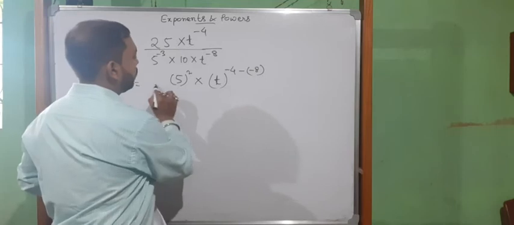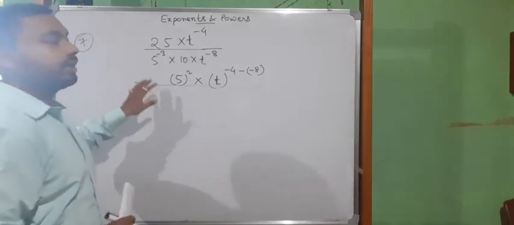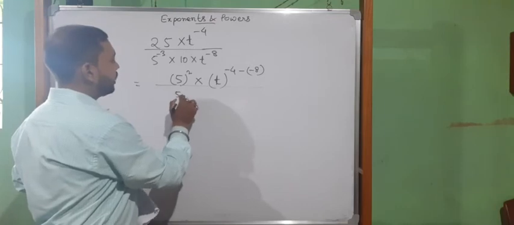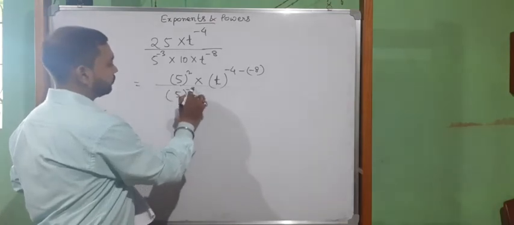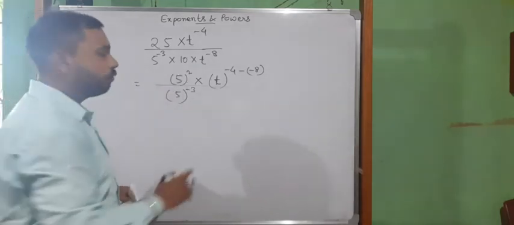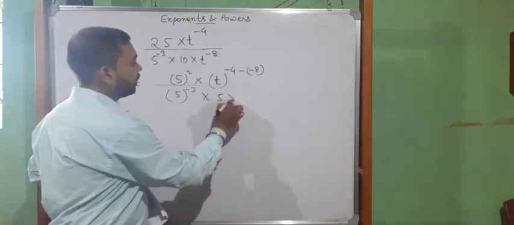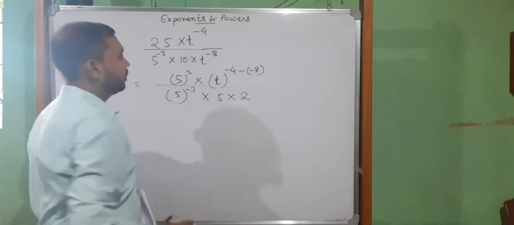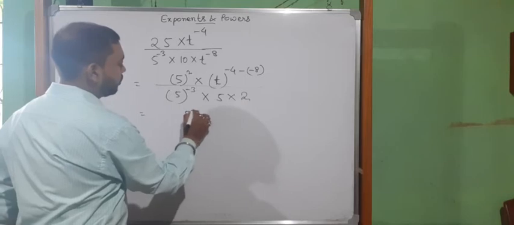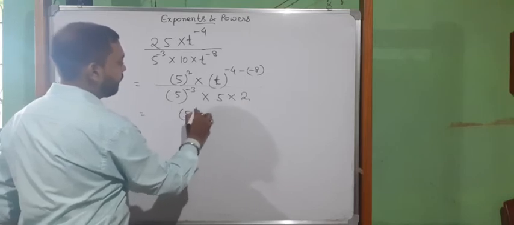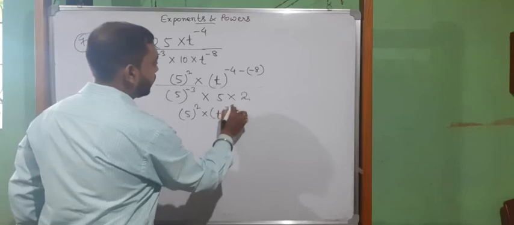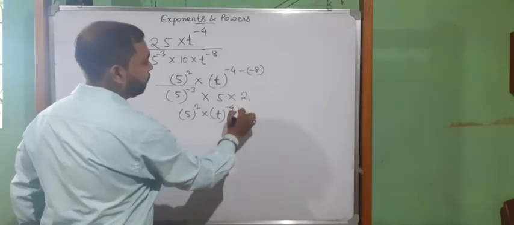Now again in the denominator there is 5 to the power minus 3, and 10 we can write as 5 into 2. So in the numerator it will be 5 square into t to the power minus 4, and this minus and minus will become plus 8.